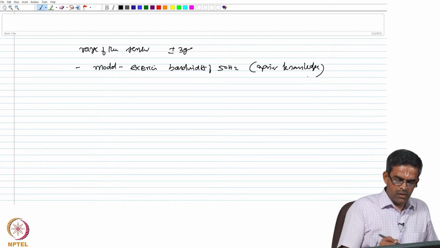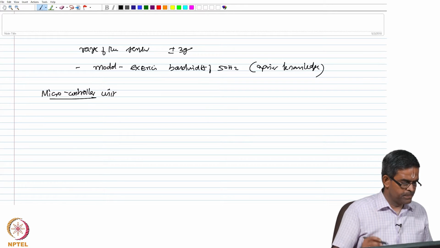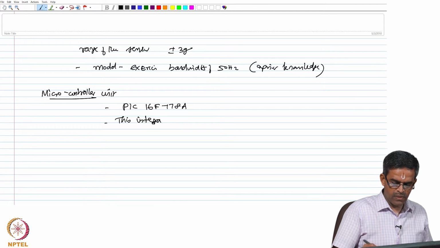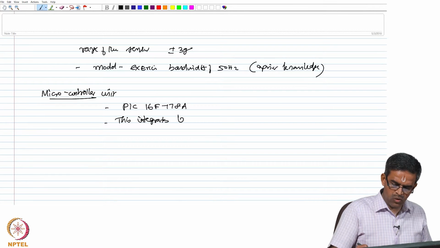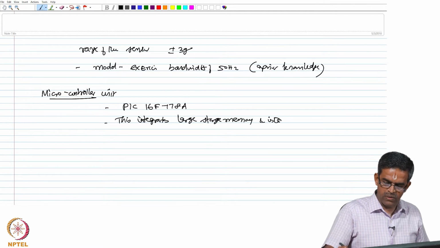Okay. The microcontroller unit used in the design is PIC microcontroller 16F778A. This integrates large storage memory and interface circuits.